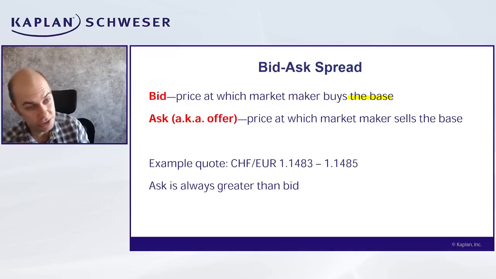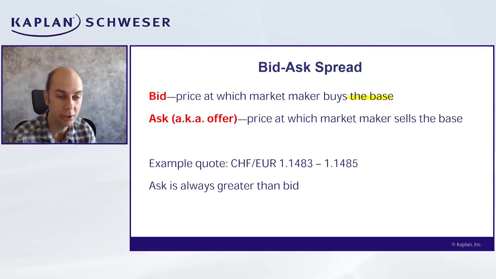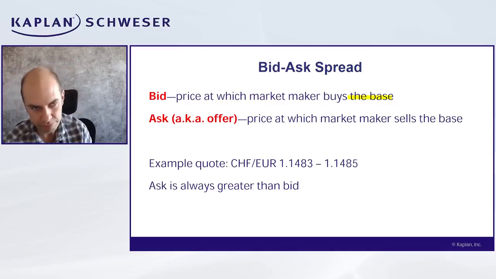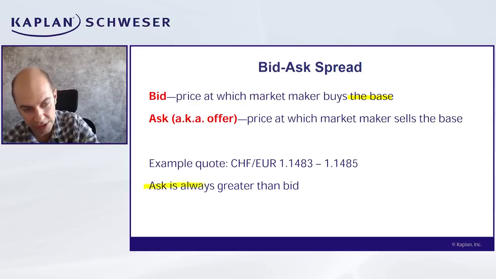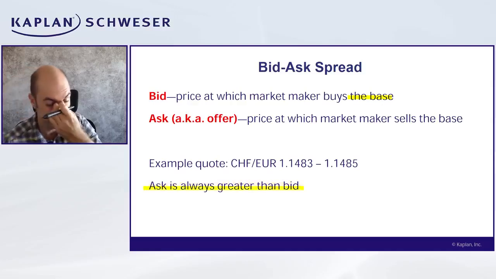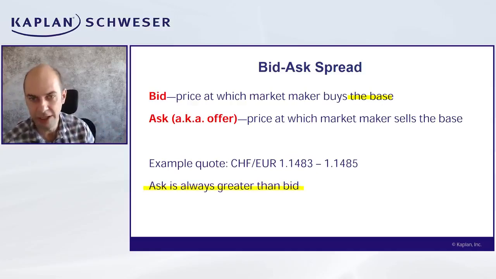Now, the ask is also known as the offer price. So you could say bid ask or bid offer. Very, very important: the ask is always greater than the bid. That should be a pretty obvious statement because remember the basic financial mantra that I preach 24/7 to my students. If you want to stay in finance, what you gotta do? You gotta buy low and you gotta sell high.